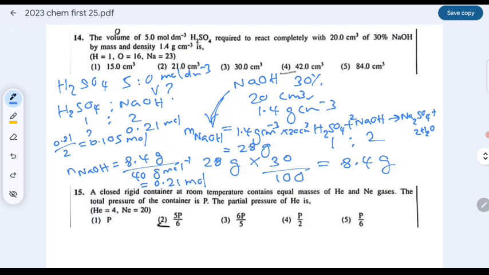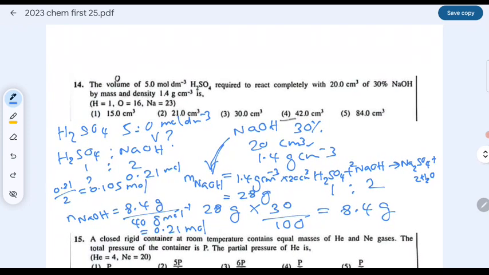Now they have given the concentration of H2SO4, so you have to apply C equals n over V. They ask for the volume, so V equals n over C. We know the number of moles of H2SO4. What is the number of moles of H2SO4?